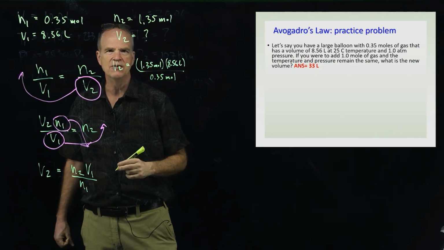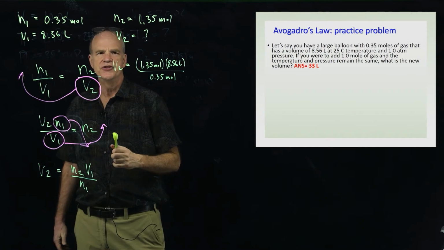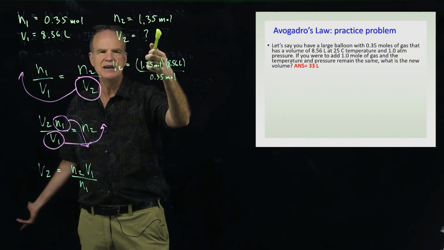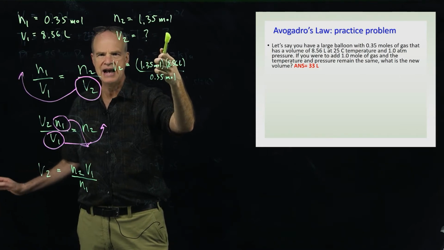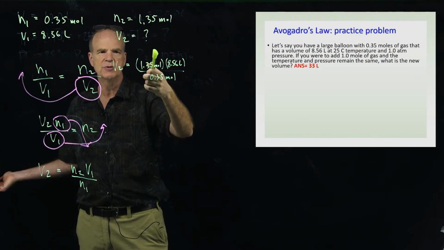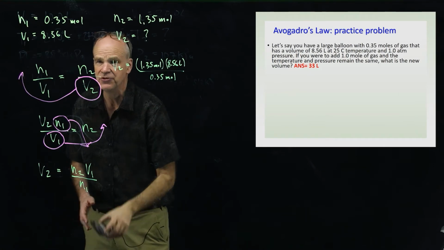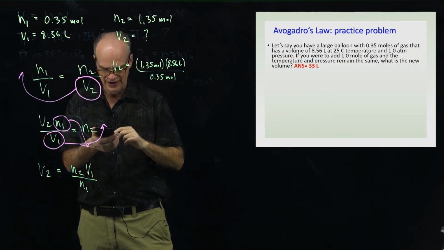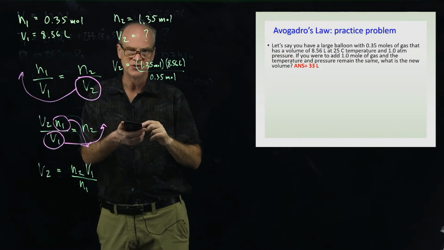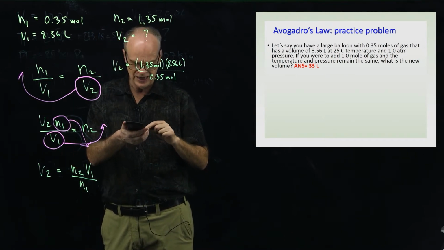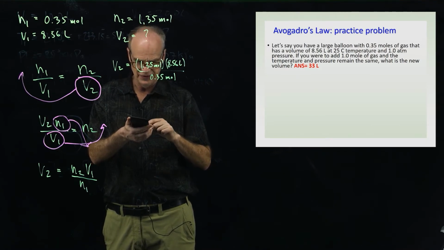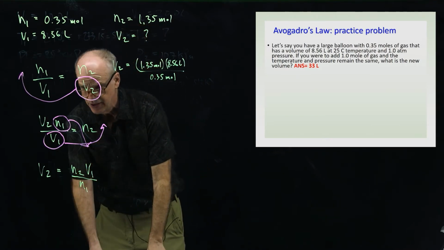So what I'm kind of hoping we'll see is that you can look qualitatively at this problem, that if we're adding moles of gas to the gas that's already there, we would expect the volume to increase. So let's just hope that we get an answer that is larger than the original volume of 8.56 liters. So let's see, it's 1.35 times 8.56 divided by 0.35, and I get 33 liters.